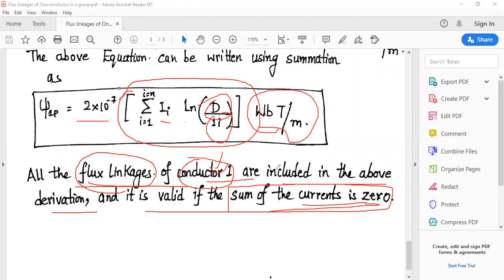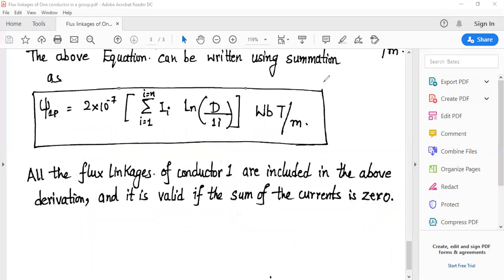If it is present, the sum of the currents will be equal to 0. In the next video, we are going to talk about the inductance of composite conductors. This forms the basis for the composite conductors. So just remember this notation which has been given, and try to memorize it. Thank you.